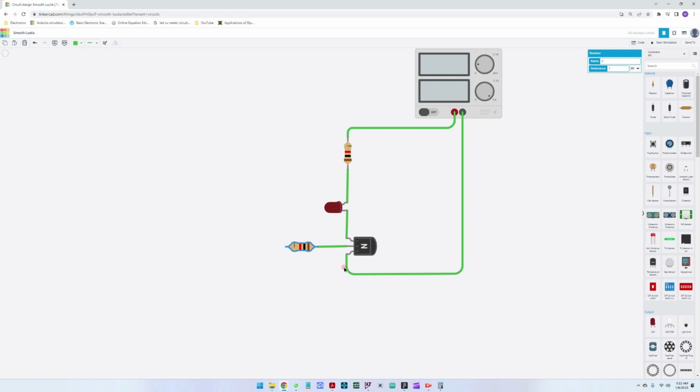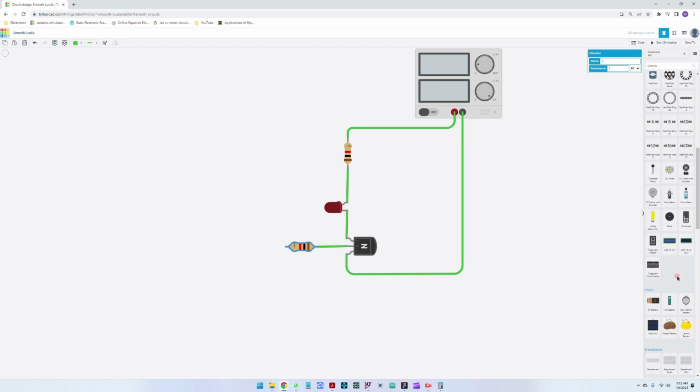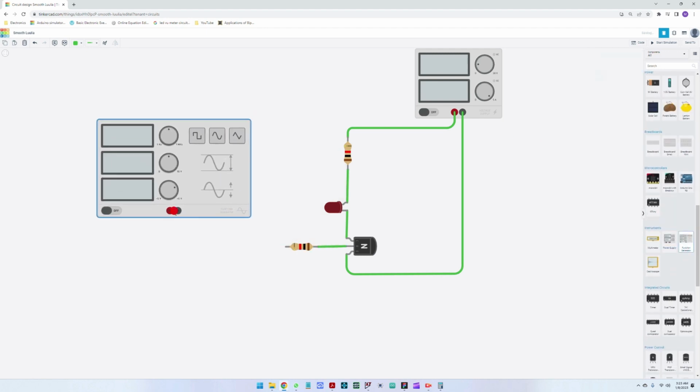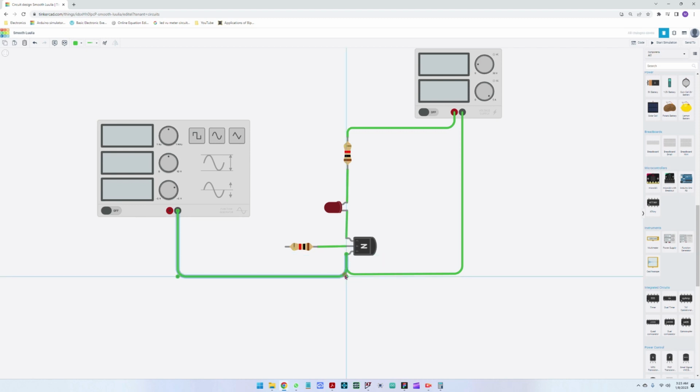Driving a voltage higher than 1.2 volts between the base and emitter will break this component. And let's get a function generator here so that we can supply this with a PWM signal, pulse width modulation. It's a rectangular signal. You can see it here. This is the PWM signal.